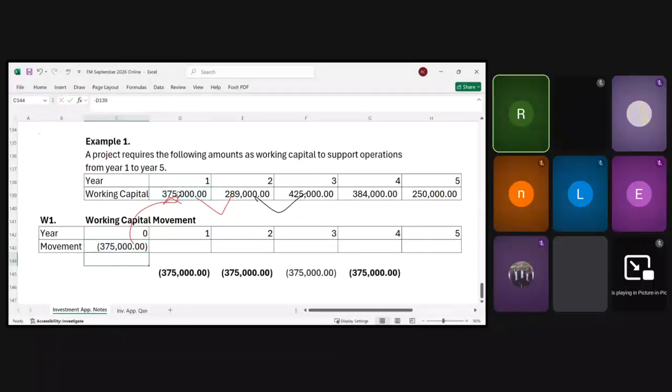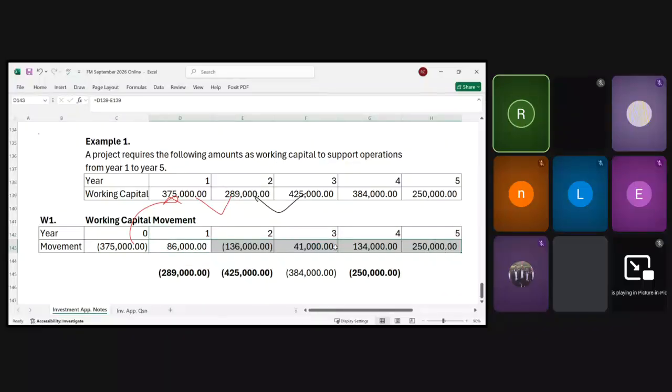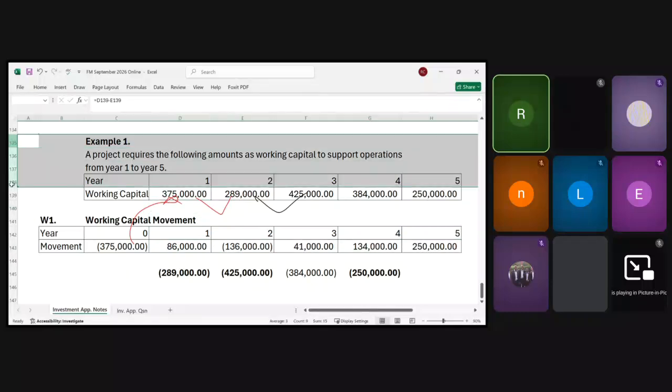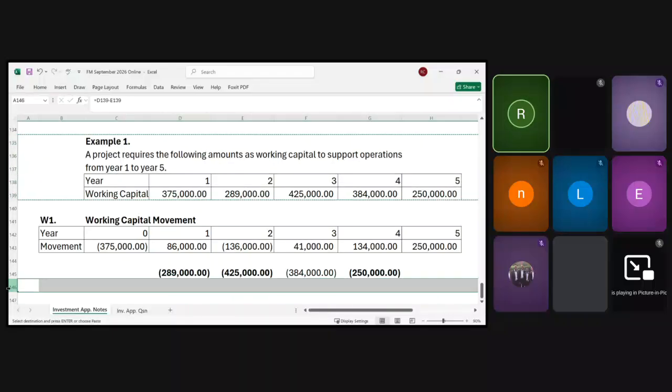And then from year 1, you just point year 1 minus year 2, done. Just drag everything up to the final year. It calculates itself automatically.